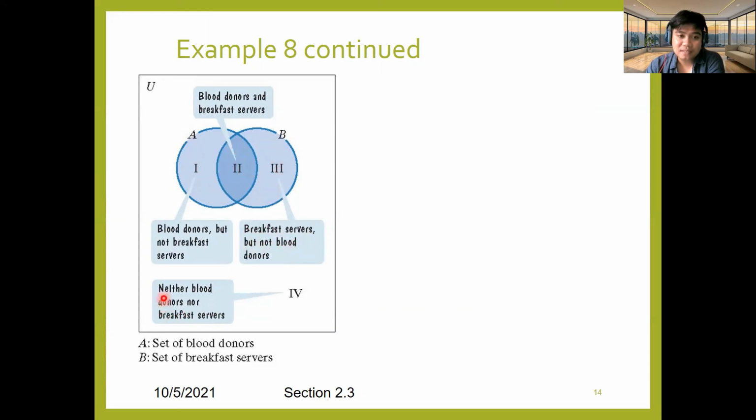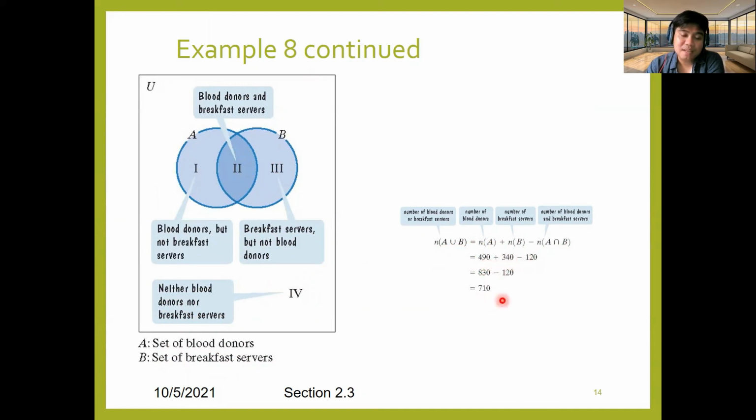So if it is neither blood donors nor breakfast servers, so they are on region 4 or yung remaining dyan. So set A is blood donors and set B are breakfast servers. If you're going to use the formula, so the cardinality of A union B is equal to the cardinality of A plus cardinality of B minus the cardinality of A intersection B. That will be 490 plus 340 minus 120.